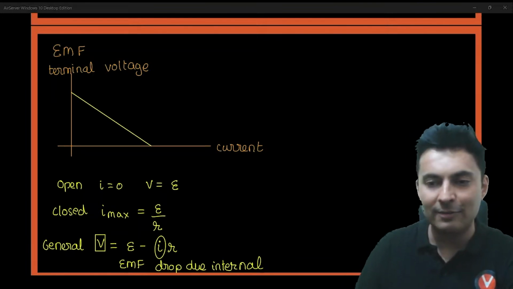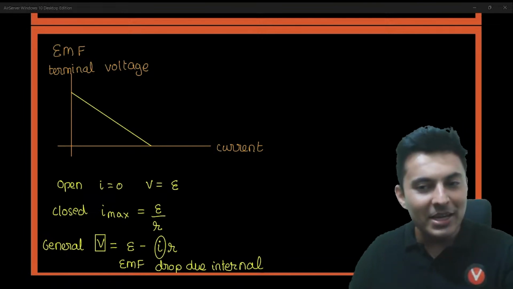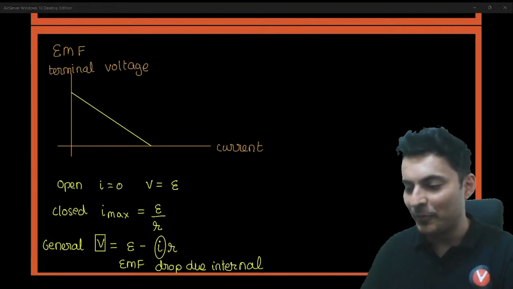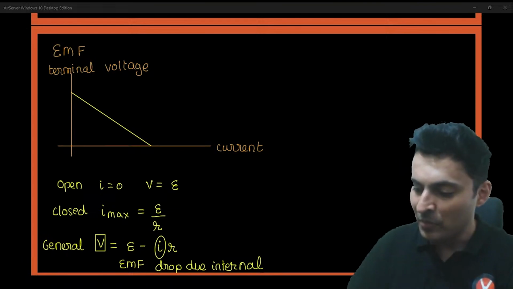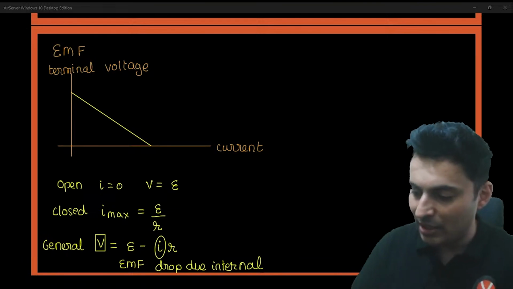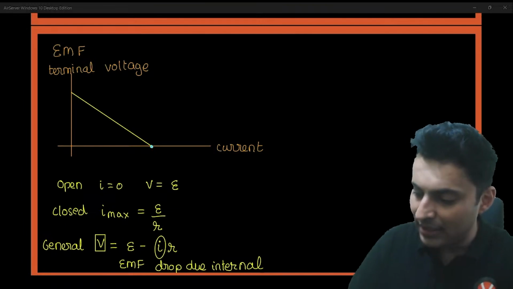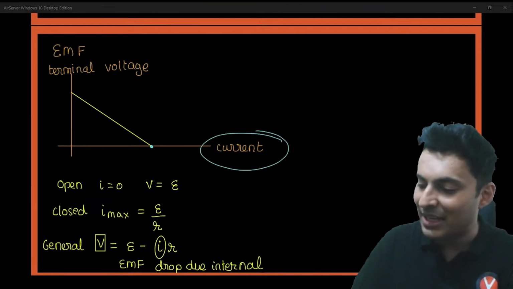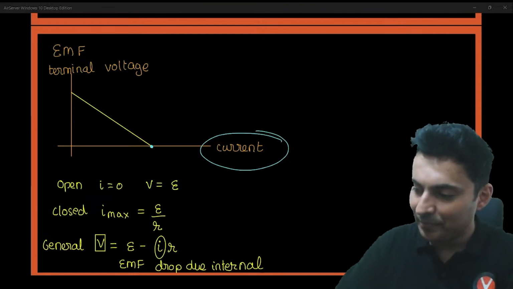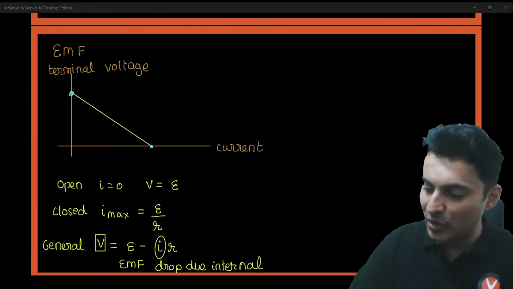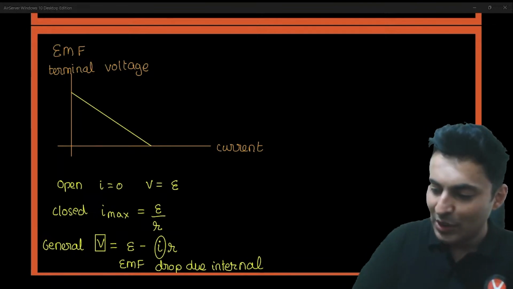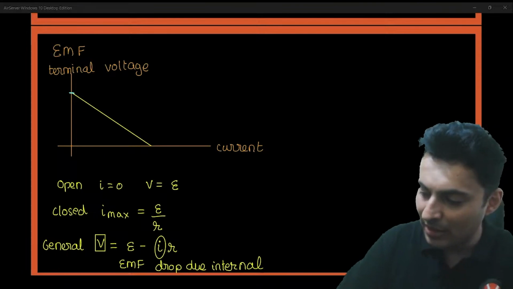It will not be a curve. It will be a negative slope. Check out some special pointers over here. This point refers to maximum current, and this point refers to no current but maximum terminal voltage.